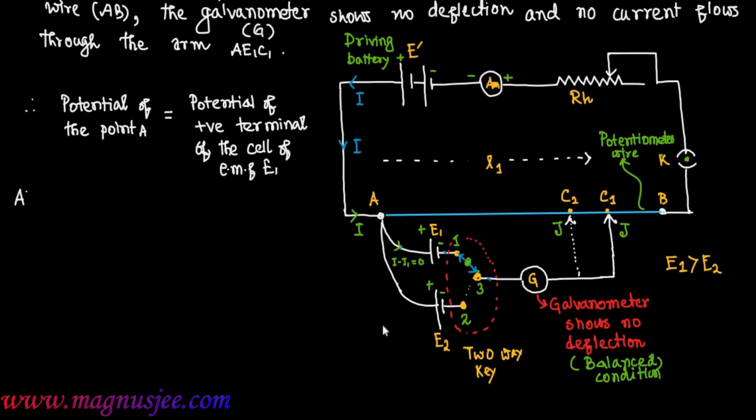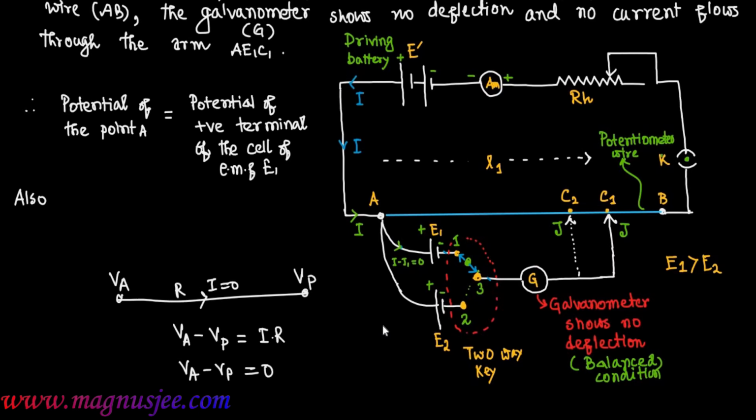Here we consider no current flows through the resistance, and Va and Vp are the potentials. R is the resistance of this portion. Va minus Vp equals I dot R. Now as I is equal to 0, Va minus Vp is 0. That's why Va equals Vp.